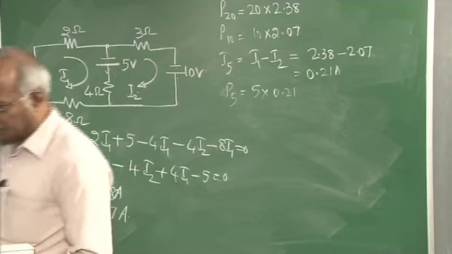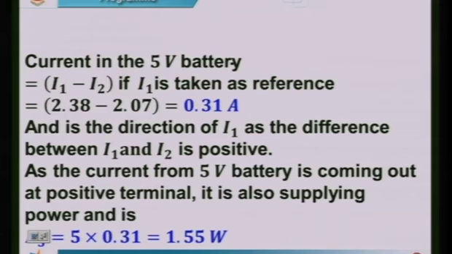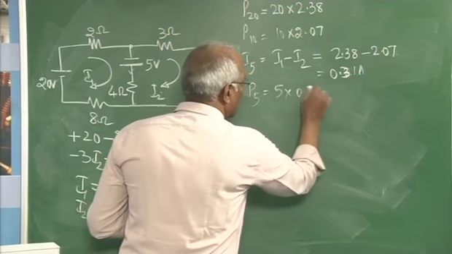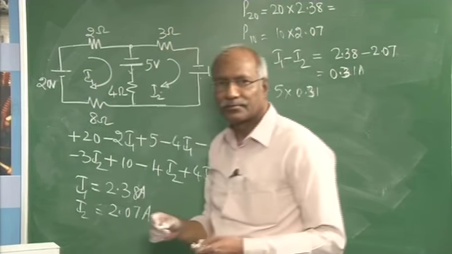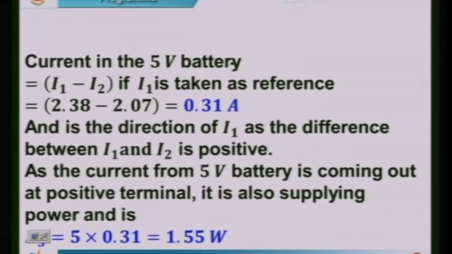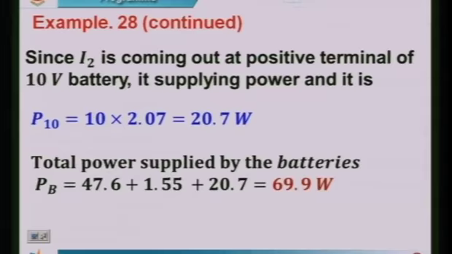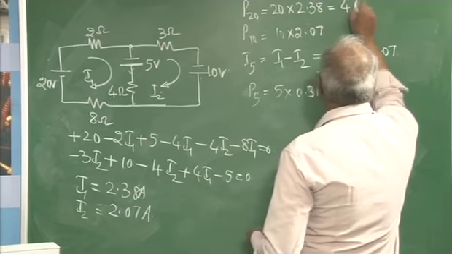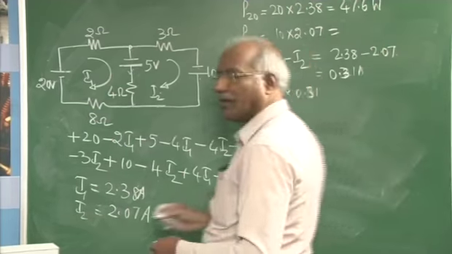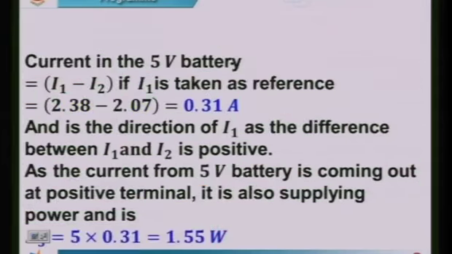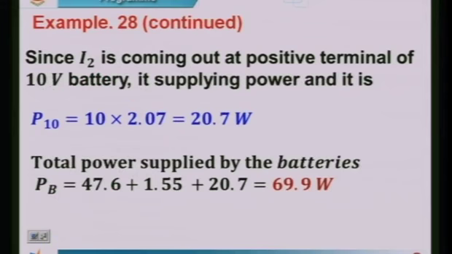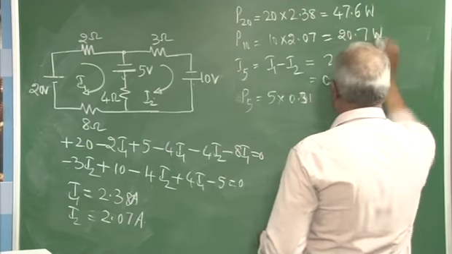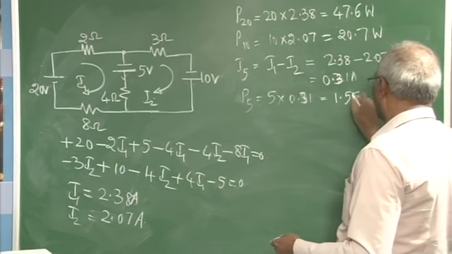The sum of this will be, this is 47.6 watts, P10 is 20.7 watts, and this is 1.55 watts.